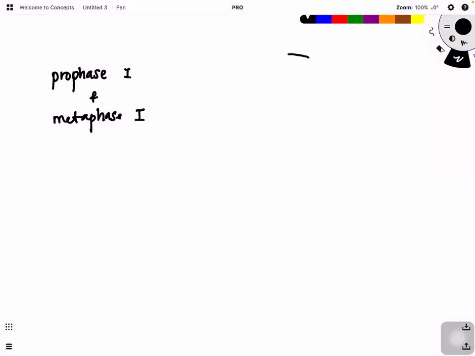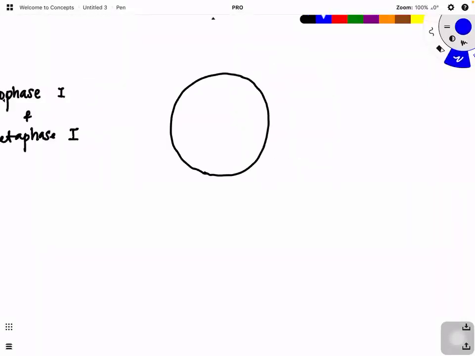So this will be something that we can look at. Oops, sorry. I think better to use this color. Now, the chromosomes are something like this. Later I will show crossing over.